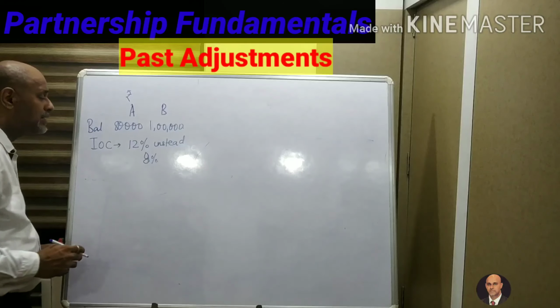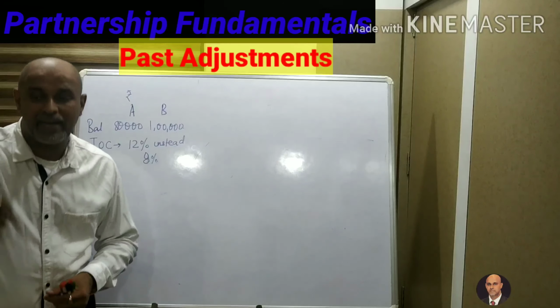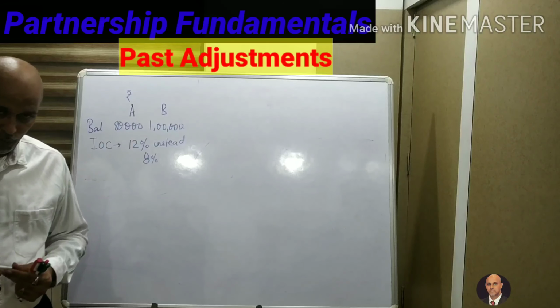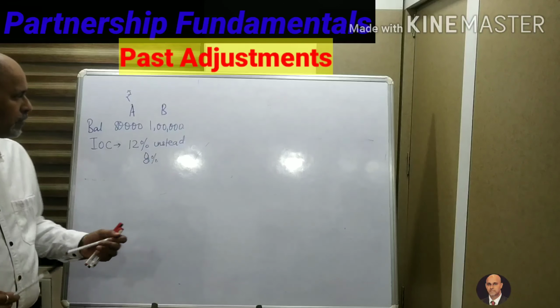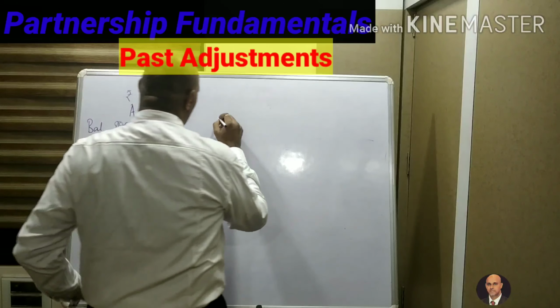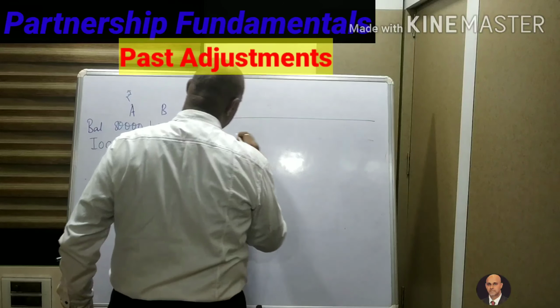So what had happened is that we had given the partners 4% more. Let us see what to do in this situation. I draw up the columns of the two partners.